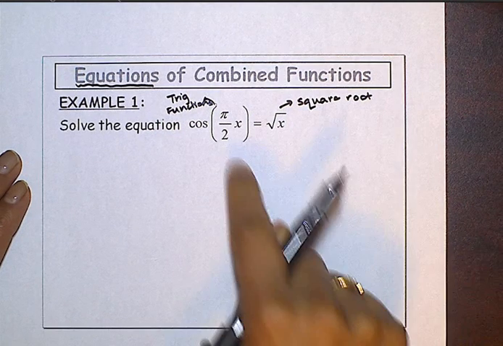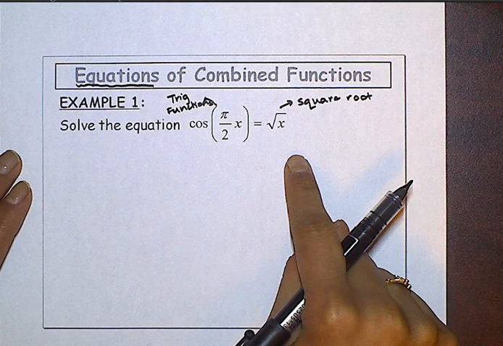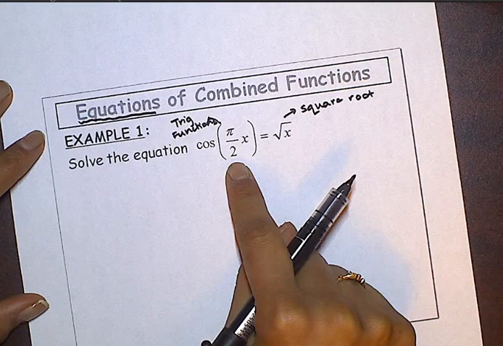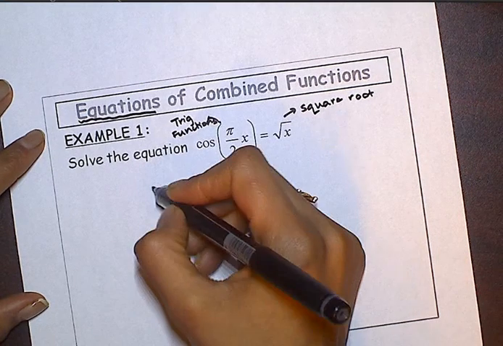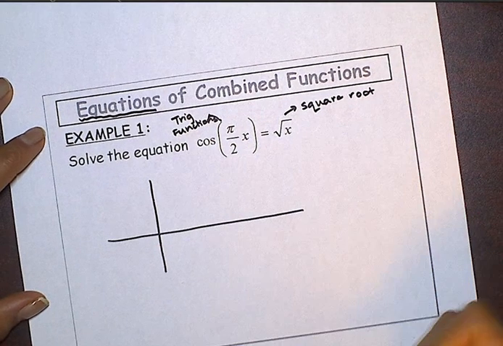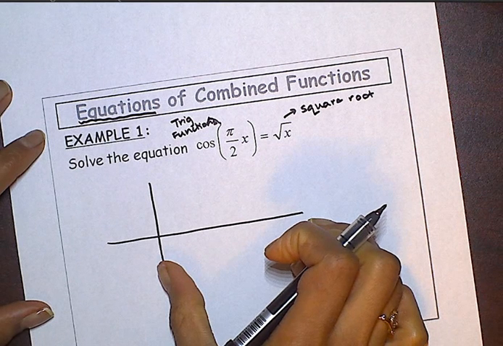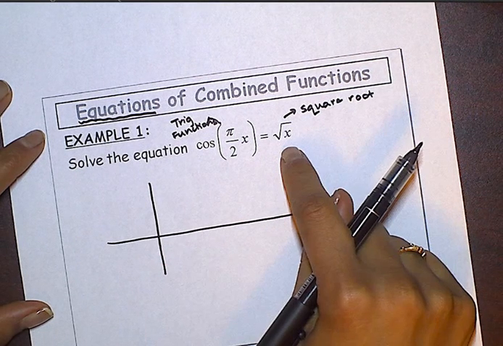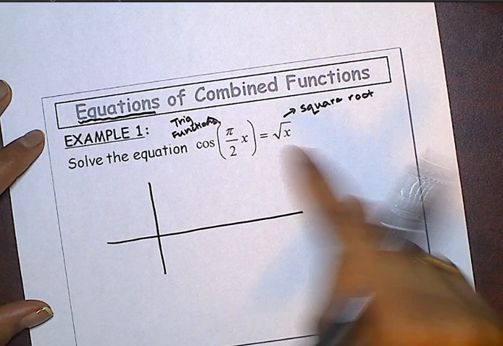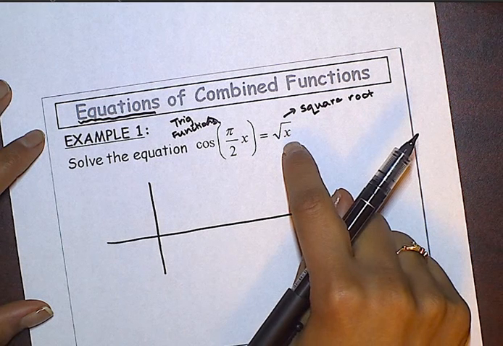So I'm going to start off by graphing cos of pi over 2x. I'm going to choose different values of x, sticking to the right side of the x-axis because I know the domain for square root of x is that x has to be greater than or equal to 0. Since I'm calculating the square root of x, I'll go up to where I'm able to calculate the square root of 9, so I'm going to go all the way up to 9 on the x-axis.